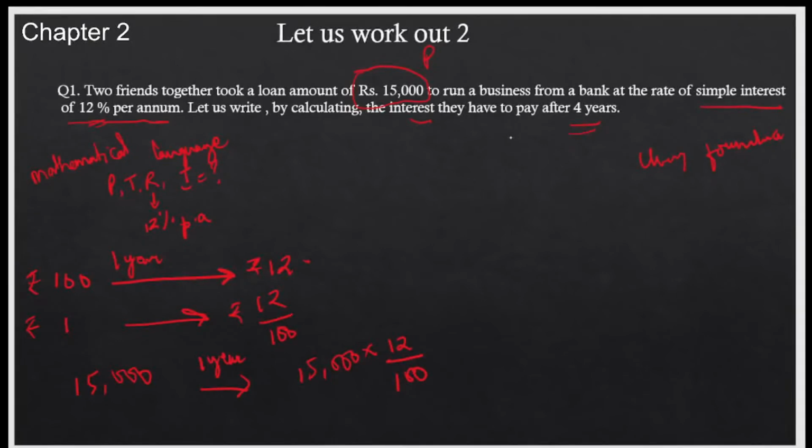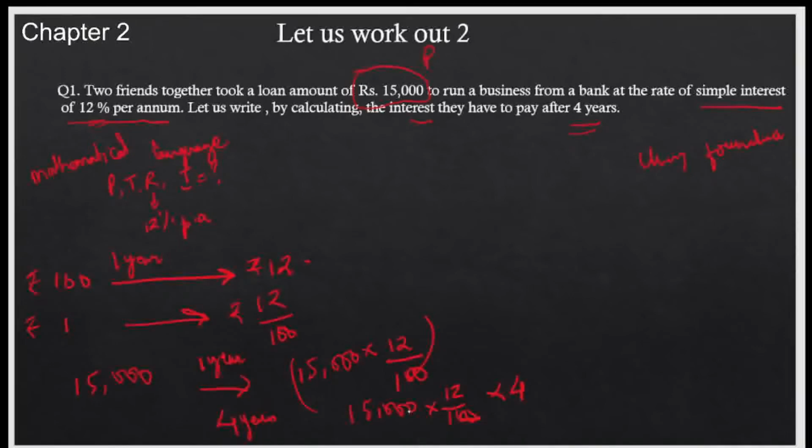Okay, now we want to calculate it for 4 years. So this is for 1 year. If you want to calculate it for 4 years, at the end of 4 years, then we simply need to add this 4 times, which means multiplying this whole quantity by 4.